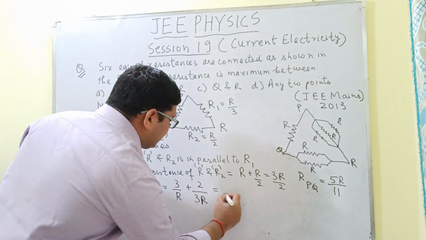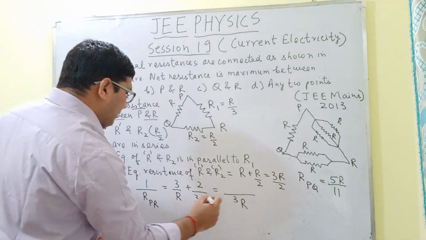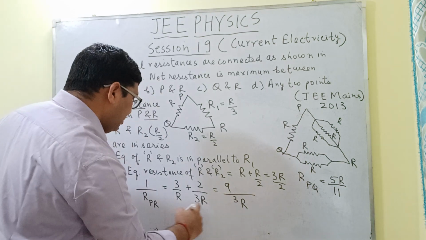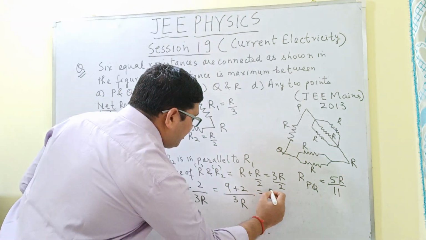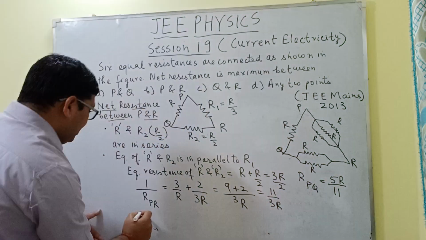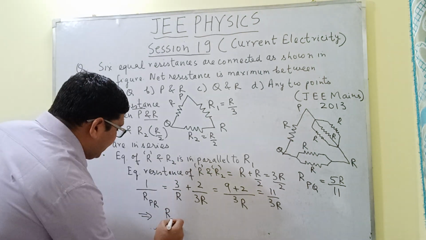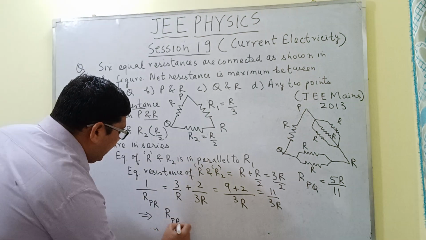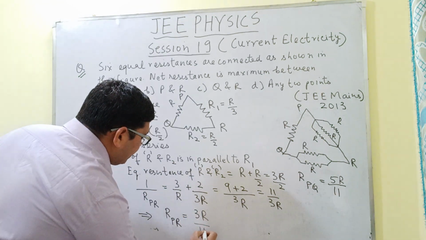So if I take the LCM here, it will be 3R, and then I will be getting 9 plus 2, so this is equal to 11 by 3R. Okay, so it implies that the net resistance between the point P and R is equal to 3R by 11.